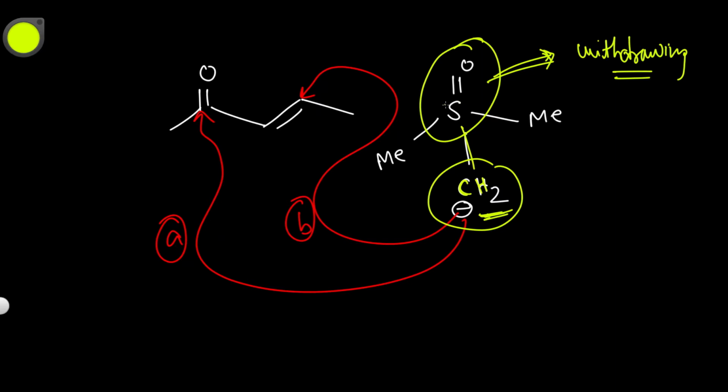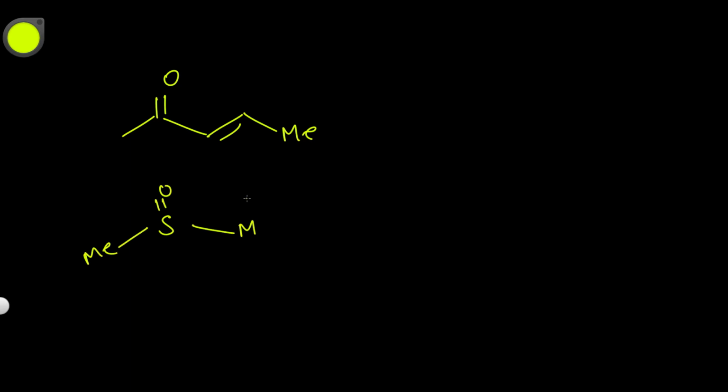Of course, there will be a positive charge here on the sulfur. Let me make this again: here something like this, here is a sulfur, and here is the Me, here we have CH2 minus, and we have CH3, and of course there will be a positive charge on the sulfur.